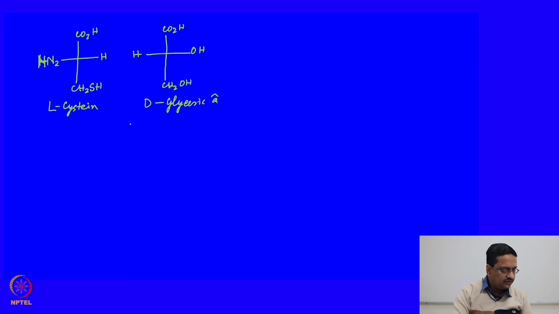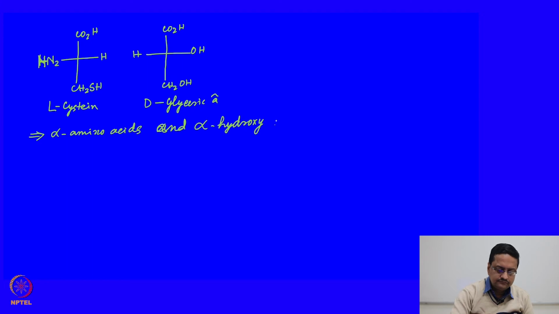This was then extended to the class of compounds called alpha amino acids. So, in case of alpha amino acids and alpha hydroxy acid, this DL notations were also used.